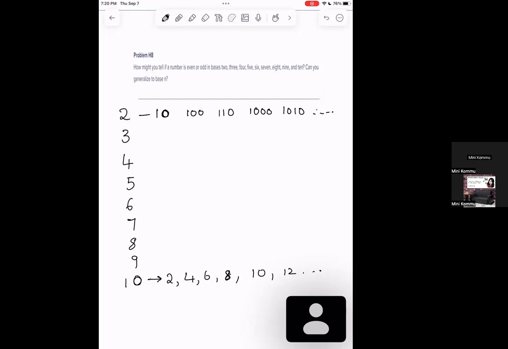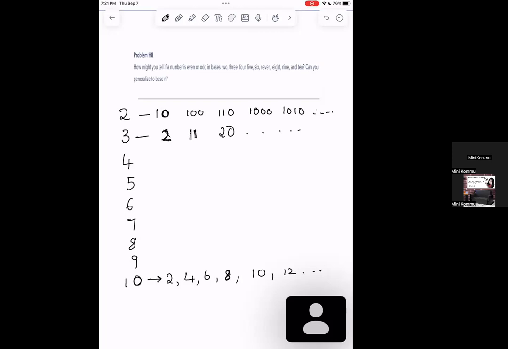So in the base 3 system, every third number will be a double digit number, 10, right? So you have 2, then 11, 12, 13, 14, 20. Okay, it goes on and on.